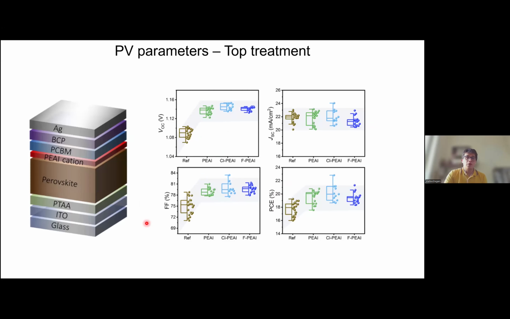And looking at the PV parameters, what we observe is a nice enhancement in the VOC. The current stayed more or less the same, and an enhancement in the fill factor. This enhancement in the VOC can be ascribed to the fact that we are passivating the defects present on the surface of the perovskite, and also there was an enhancement in the efficiency of this device.